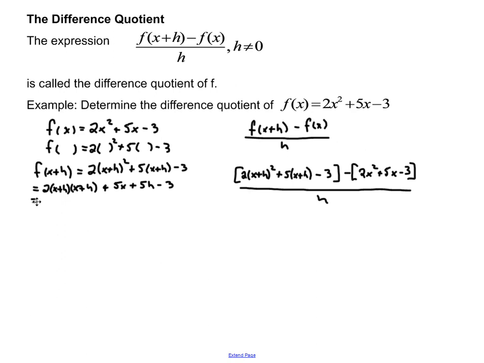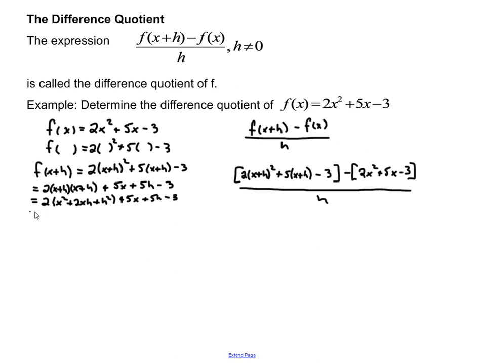When I multiply right here in this first term, I will have 2 times the quantity x squared plus x plus h plus x plus h. That's 2 times x plus h. Don't forget that's one of those special products that we use. Plus h squared plus 5x plus 5h minus 3.